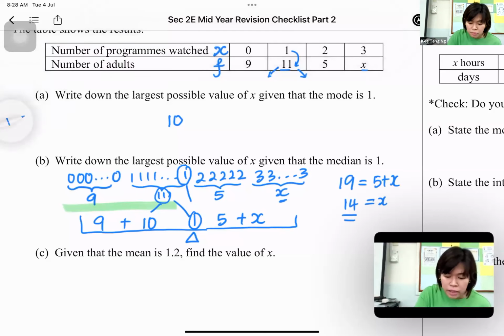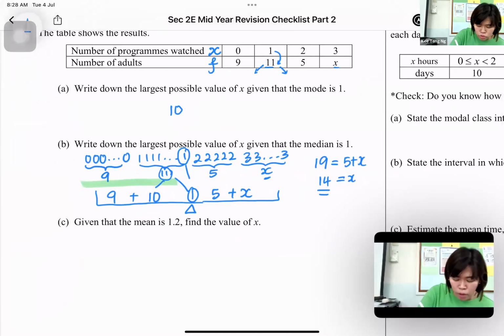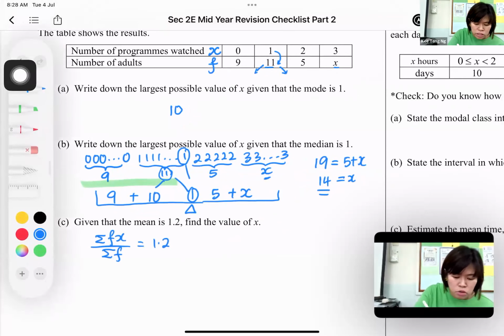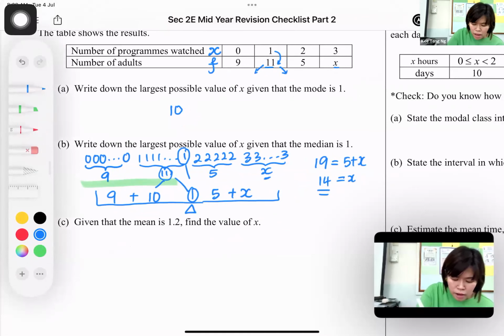Next one, given that the mean is 1.2, this is a must know how to do question. The mean is equals to 1.2. Summation fx over summation f is equals to 1.2. I'm going to change this to something that you might understand directly. Summation fx.